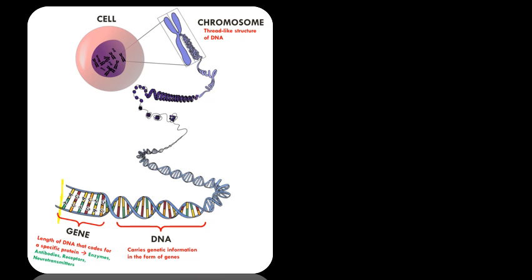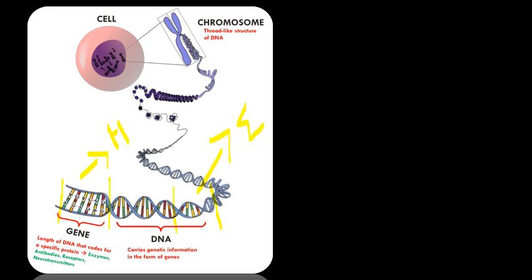Say for example from here to this particular segment is a gene that codes for hair color, and this particular part codes for eye color. Likewise in a chromosome we'll have more than one, two, or three types of genes that code for a specific trait.